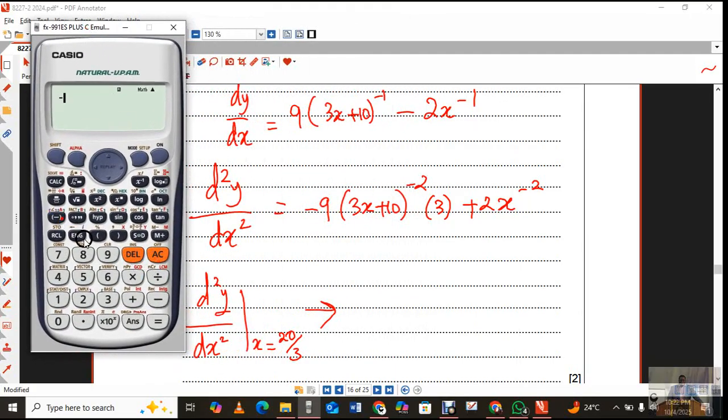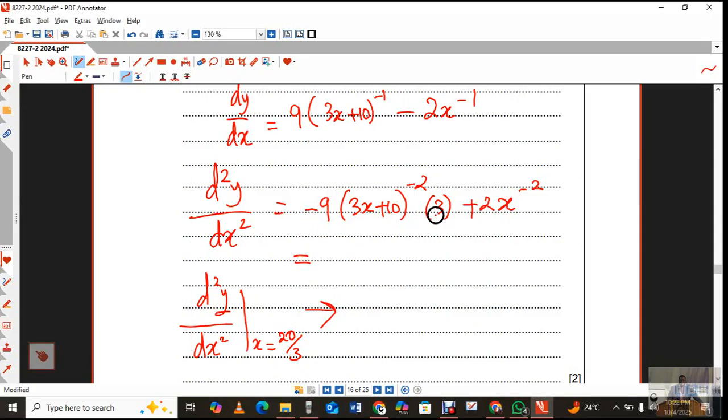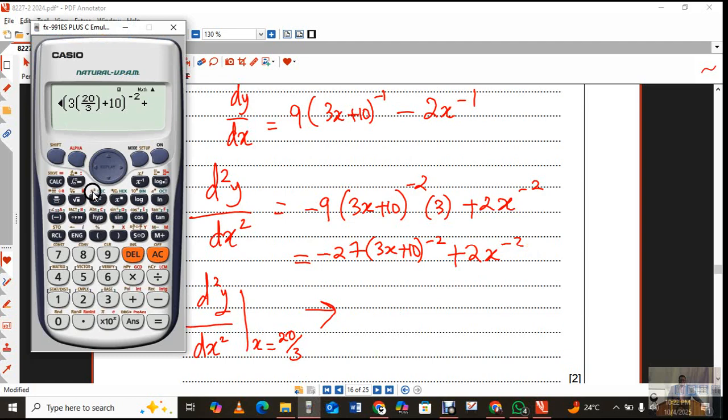Okay, that's negative 9, open bracket, 3 times 20 over 3, plus 10, raised to the power of negative 2, plus 2, now plus, oh my goodness. This is actually not entirely finished. You can see that 3 times that is negative 27, so negative 27, 3x plus 10 to the negative 2, plus 2x to the negative 2. So let's see, what did I do?